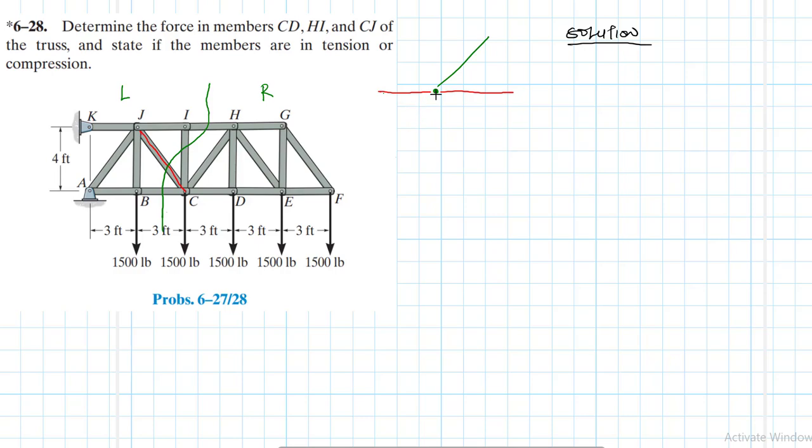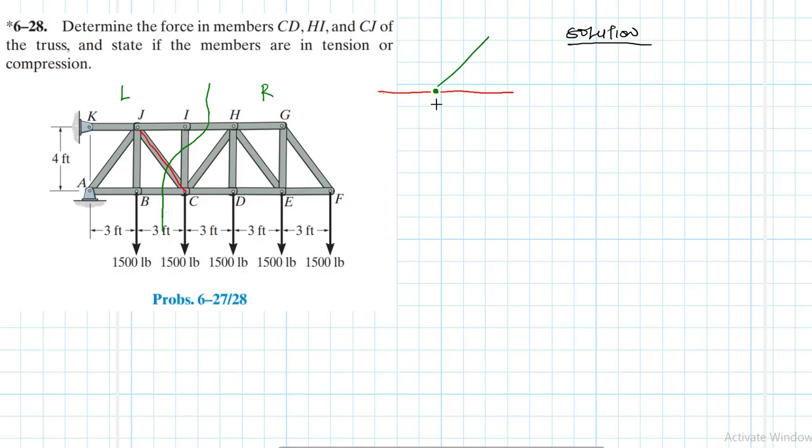So if you have a truss joint that is created by three truss members, and if two of the members are collinear, the third member is a zero force member, as long as there is no force applied at that particular joint and there is no external support at that particular joint. So these conditions must be met.